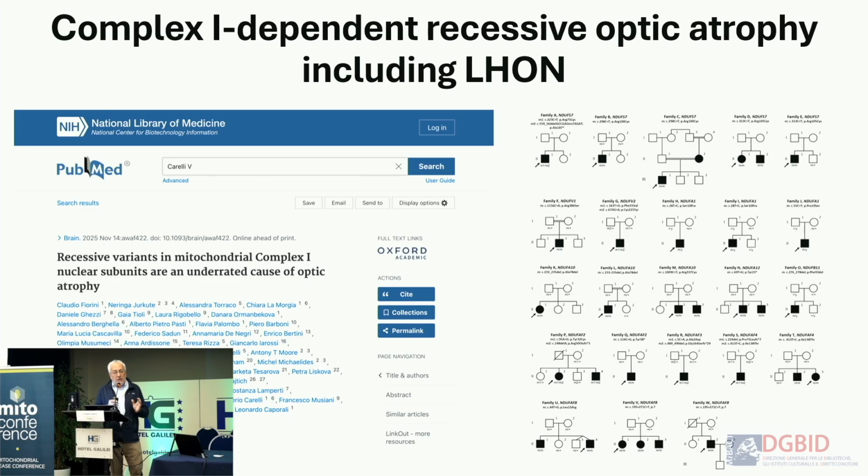All of them are actually related to optic atrophy, isolated or with some milder neurological impairment. And I remind you that these are the same genes where we used to have only mutations associated with Leigh syndrome. So the paradigm is still there. A complex 1 dysfunction may have a spectrum of clinical expression from isolated optic atrophy to devastating disease like Leigh syndrome.